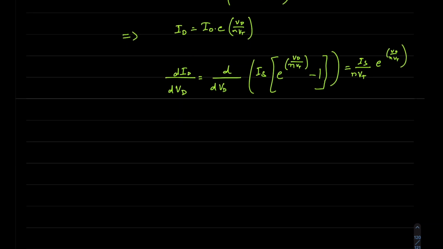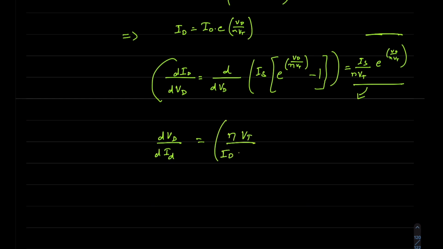And through various approximations, when we reverse this expression, it becomes dVd by dId equal to eta Vt over Id plus Is.